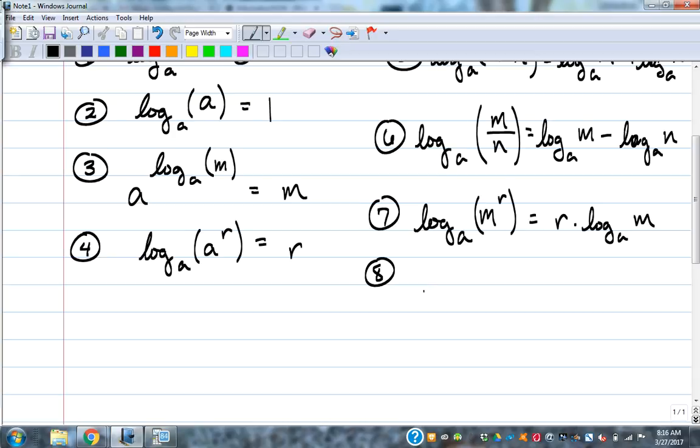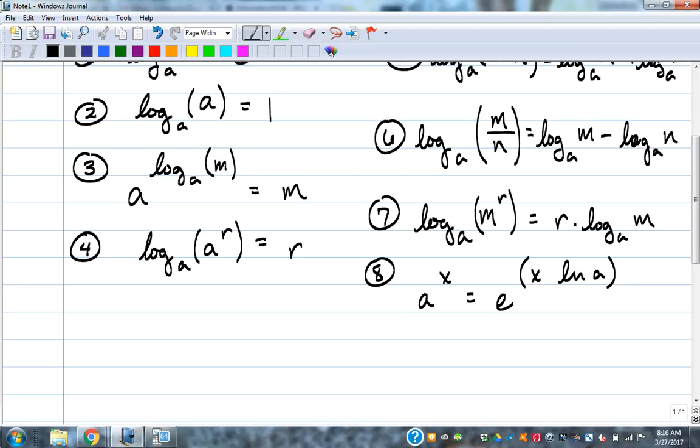The natural log works the same way. Here's a small example of how we could use that. Maybe this is the 8th property here that your book tries to squeeze in. Yeah, it's neat, but you don't use it very often. You've got a different base on each side.